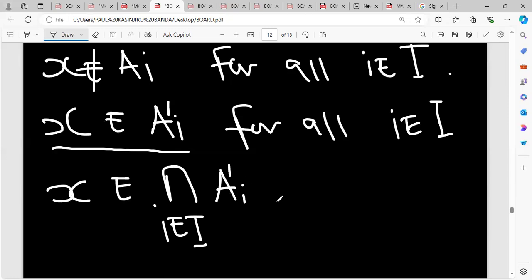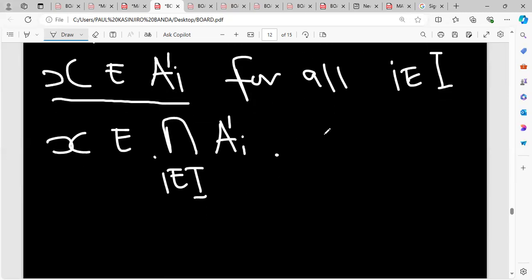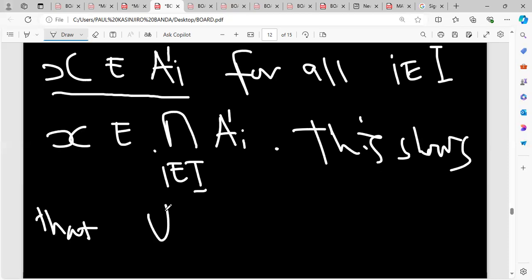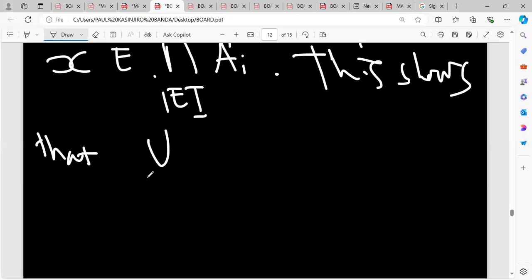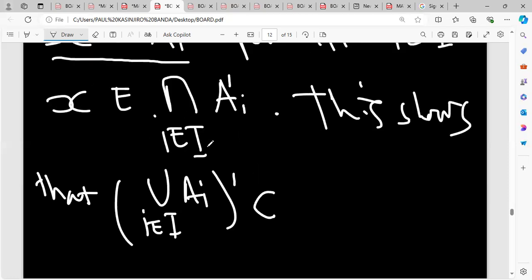So this shows that the complement of the union is actually a subset of the intersection of the A_i complements, because we started with this and then we ended up with this.